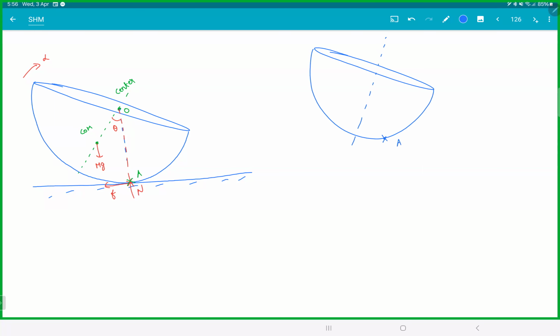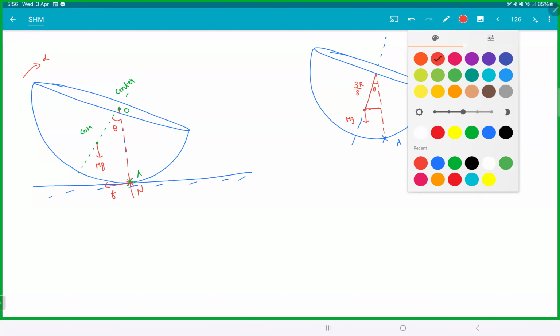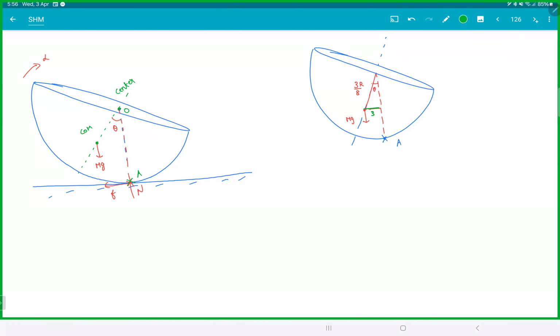This is point A. This is the mg vector. So the perpendicular distance from the axis would be this. Where is the center of mass for a solid hemisphere? 3r/8. Yep. So this perpendicular distance will be 3r/8 sine theta. That's your r perpendicular.